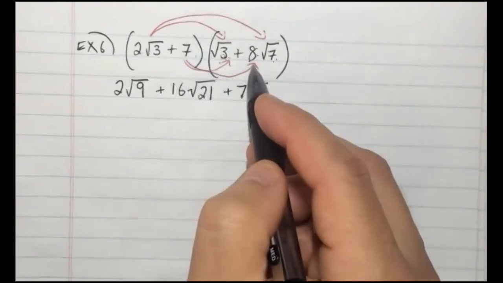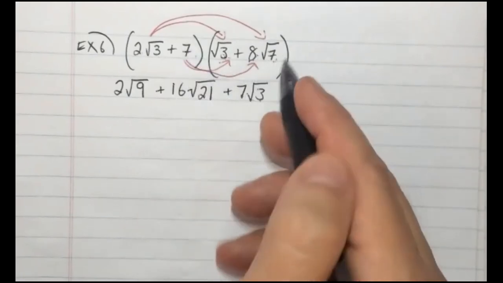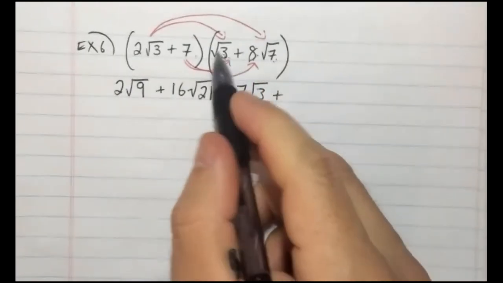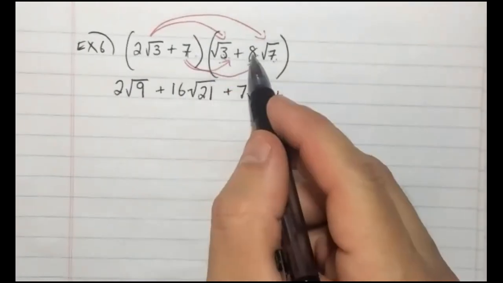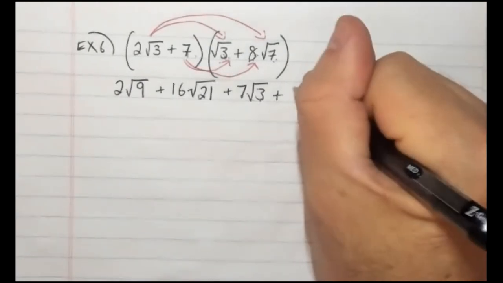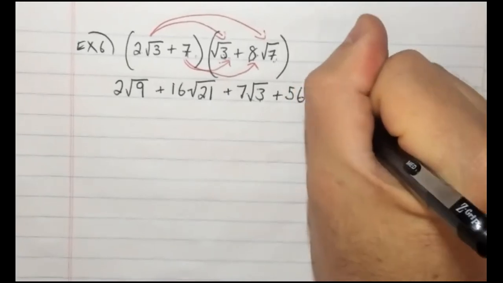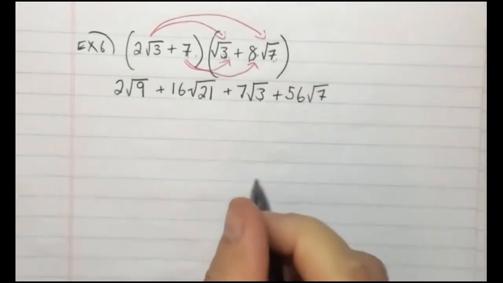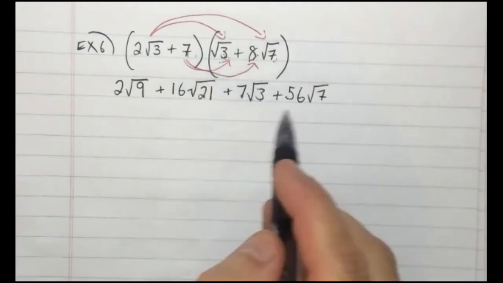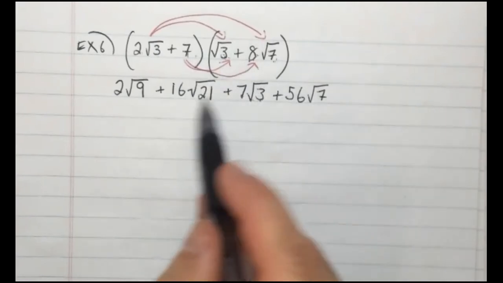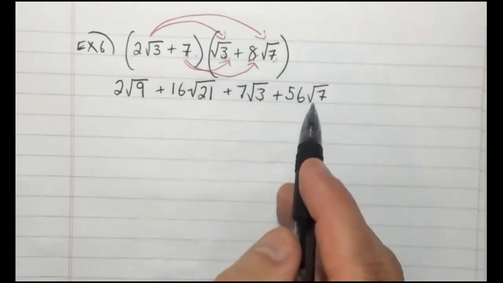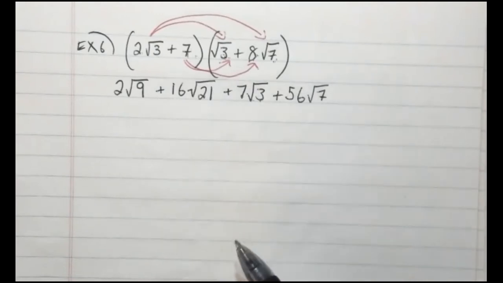Now we're going to 7 times 8 square root of 7. In this problem, all we can do is multiply these coefficients. 7 times 8 gives me 56. And I keep the square root of 7. There was not a radical on the 7. So now this problem in its current state looks like this.